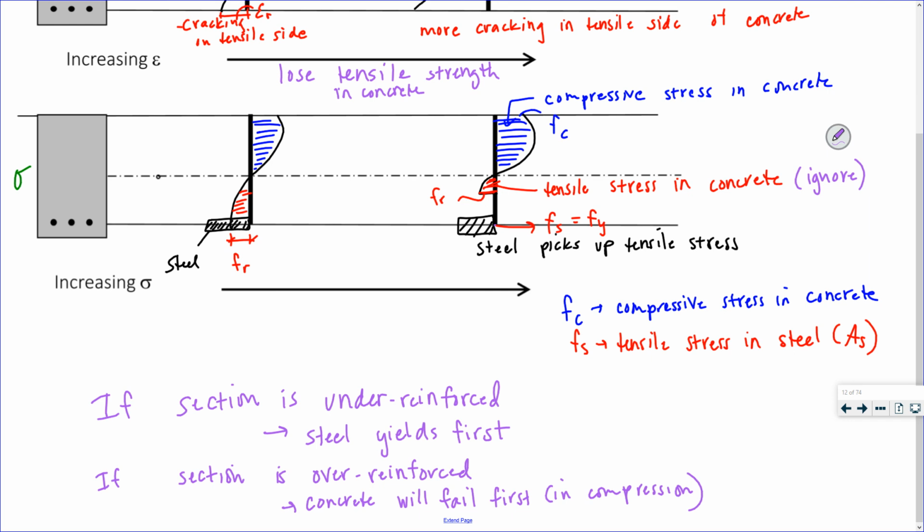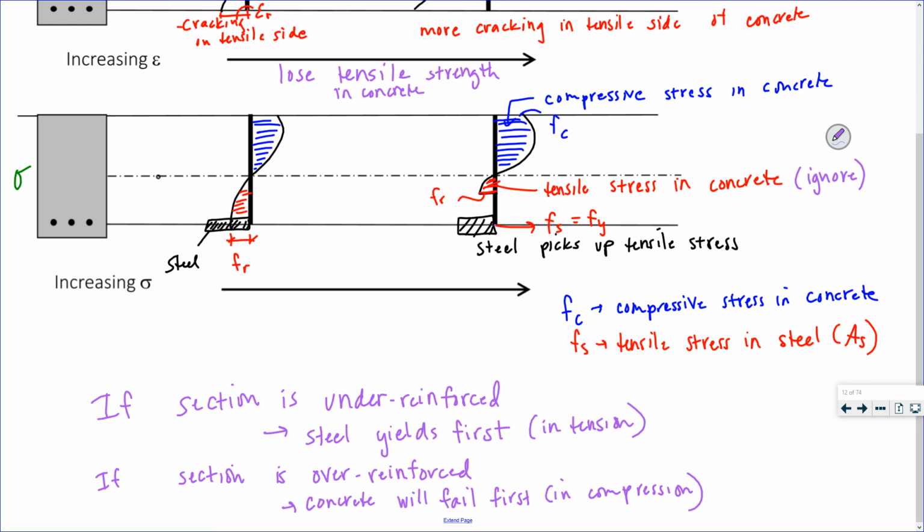Think about it. If the steel yields first, that's a tensile failure. It'll happen slowly. If the concrete fails first, it'll be in compression. And it'll be cracking, and it'll be brittle, and it might be sudden.